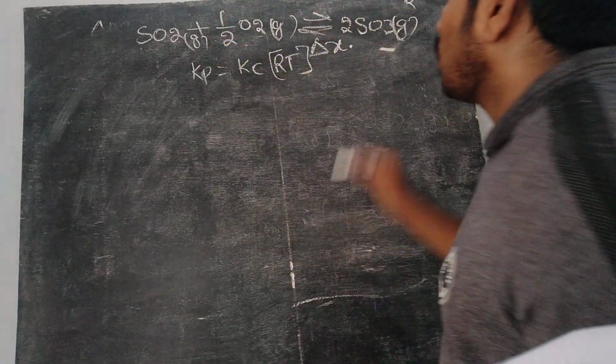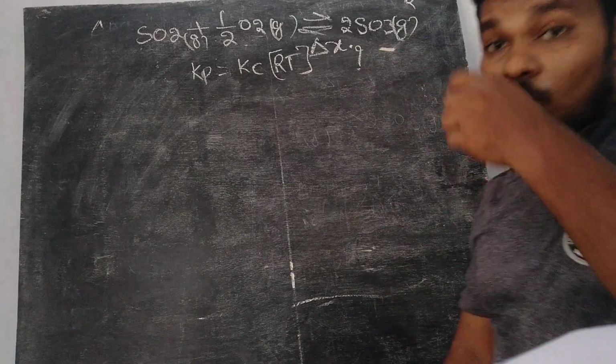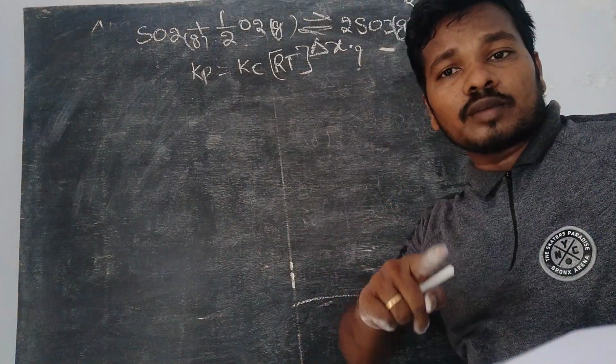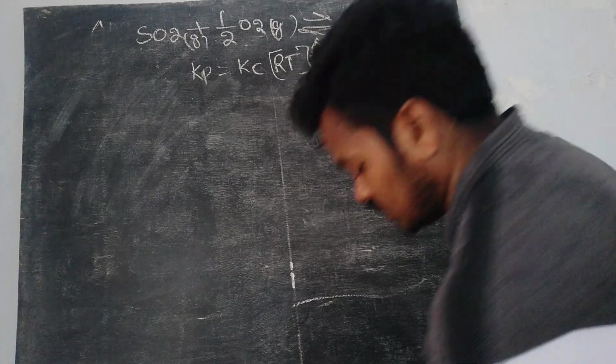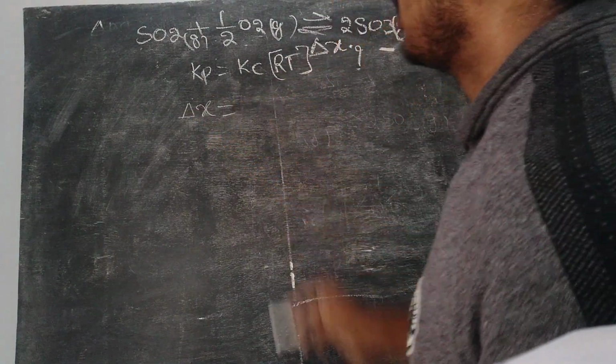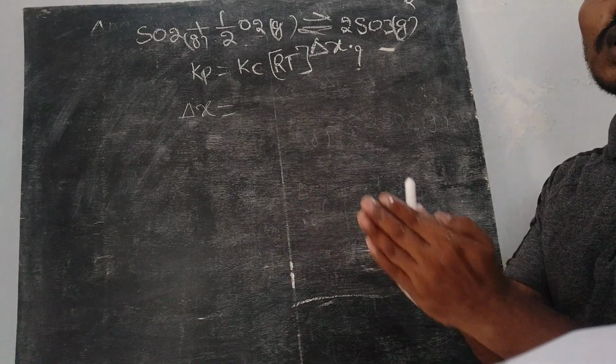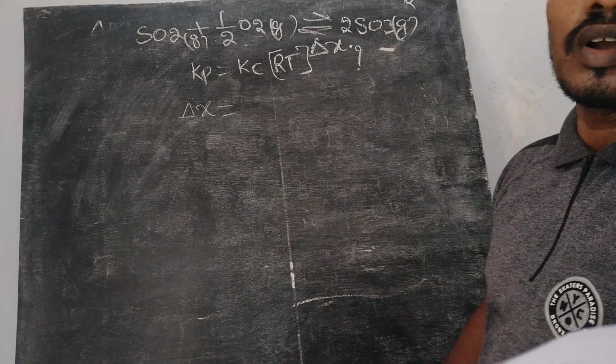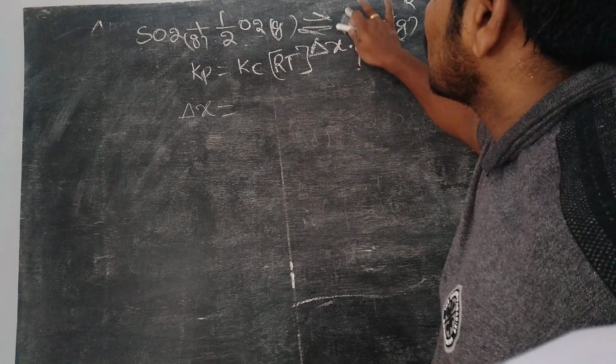They asked, what is delta x? Nothing but the number of moles of the product minus the number of moles of the reactant is called delta x. So here, if we want to find delta x, first we have to take the number of moles of the product minus the number of moles of the reactant.